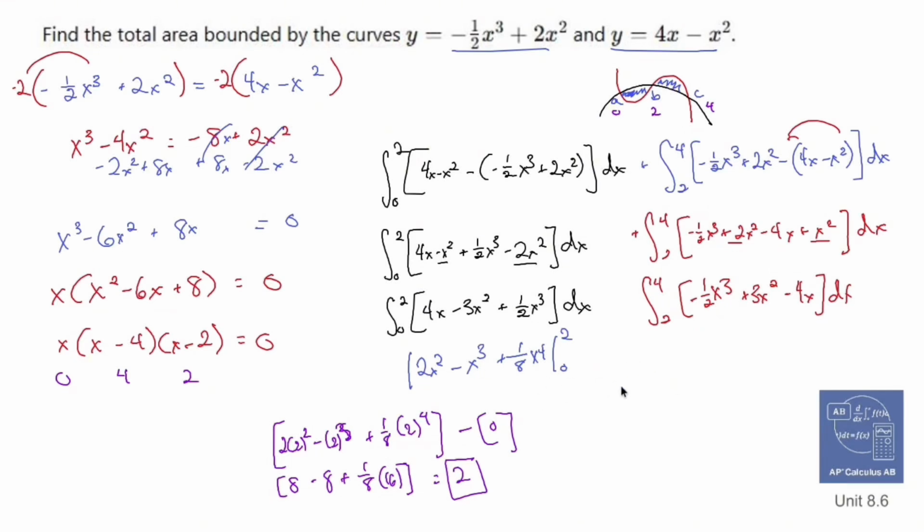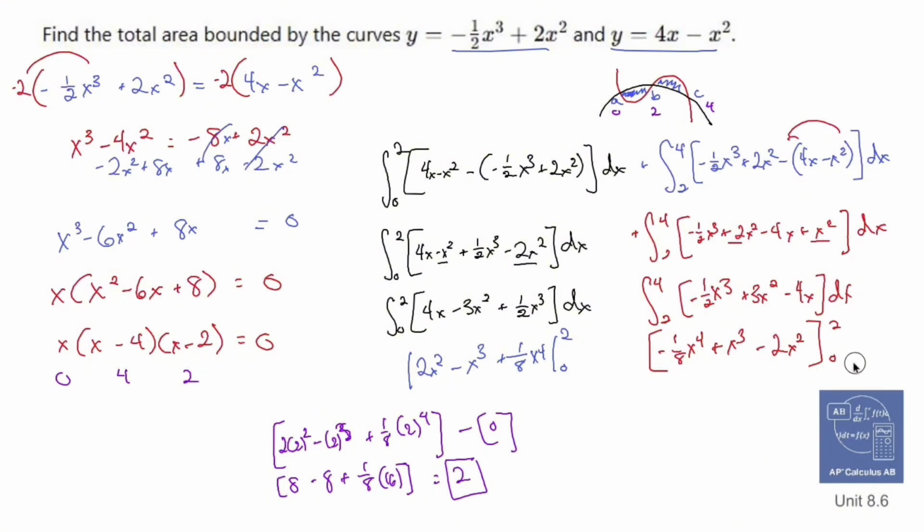And now when I integrate, I get a lot of similarities over here. This becomes negative 1/8 x to the fourth plus x cubed minus 2x squared, limits at 2 and 4.